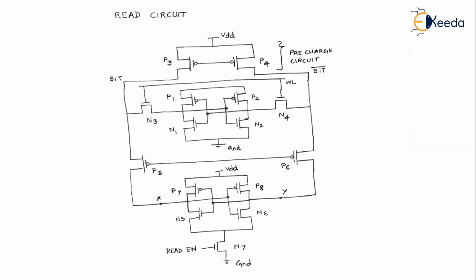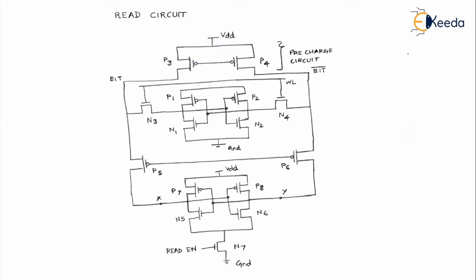What is the lower part of the circuit? P5, P6, P7, P8, N5, N6 and N7 are nothing but the sense amplifier. Here I have two pass transistors, that is PMOS FETs P5 and P6, and two cross coupled inverters. Again there is an NMOSFET that is given the input of read enable. This is the read circuitry.